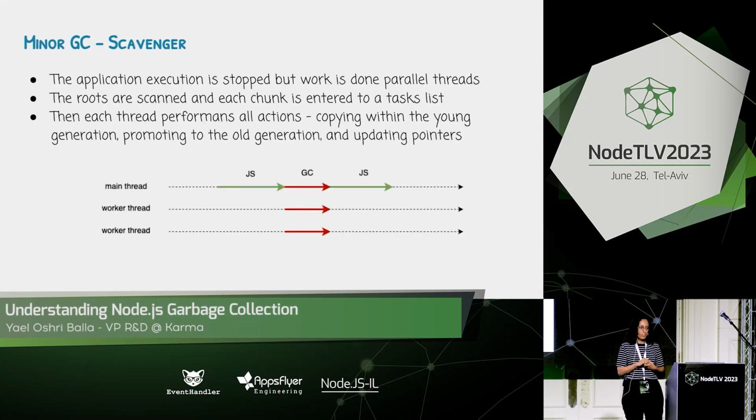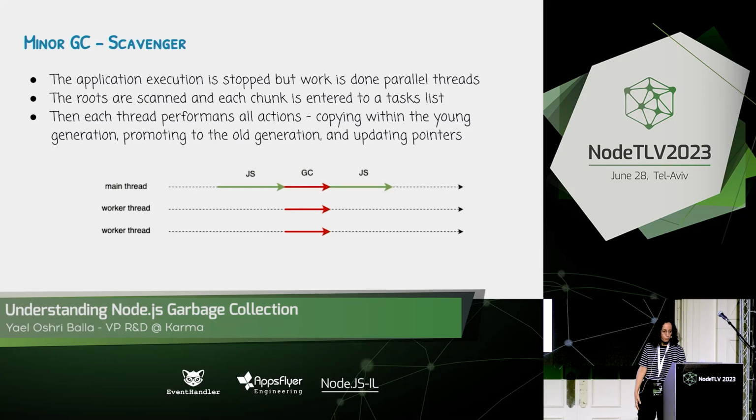The scavenger is working in parallel. It still stops the program execution, but it divides the work between parallel threads. Each thread is doing all the actions that I explained: copying within the young generation, promoting to the old generation, and updating the pointers.